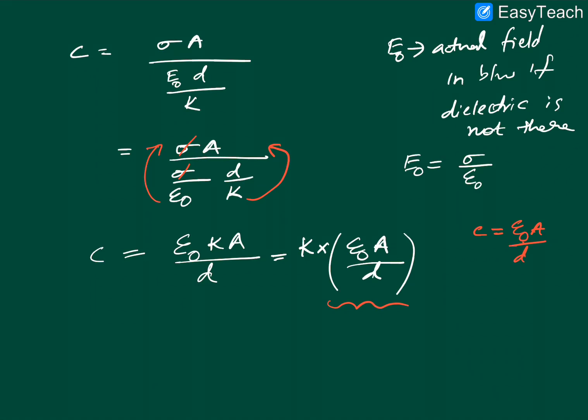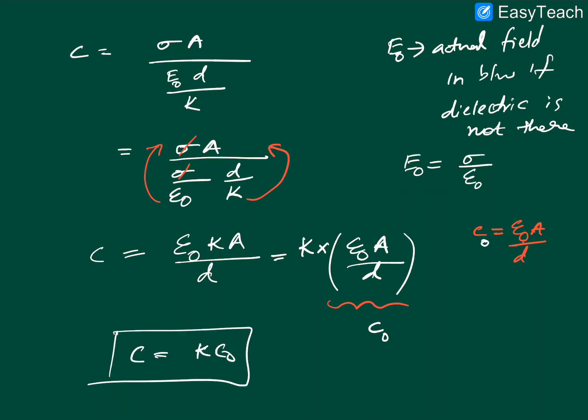Now we are going to find the capacitance when you place a dielectric in between, and you can see that along with that factor epsilon 0 A by D, you are actually having one more K. That is the only difference with the previous one. So if you take it as C0, C0 means without a dielectric, then this can be written as C0, isn't it? So you can write C is equal to K into C0.